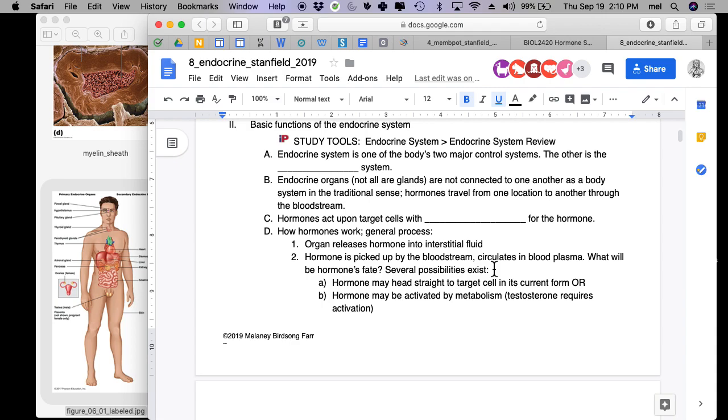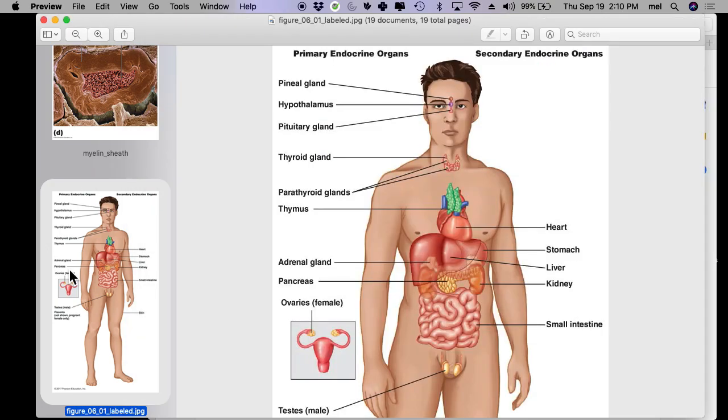Okay. All right. So endocrine organs, which we saw right here, not all of them are glands. And so I don't call them endocrine glands when I'm paying attention. Sometimes I am not paying attention. I call them endocrine organs because the heart releases a hormone, but it is definitely not a gland. So most of them are glands, but not all of them.